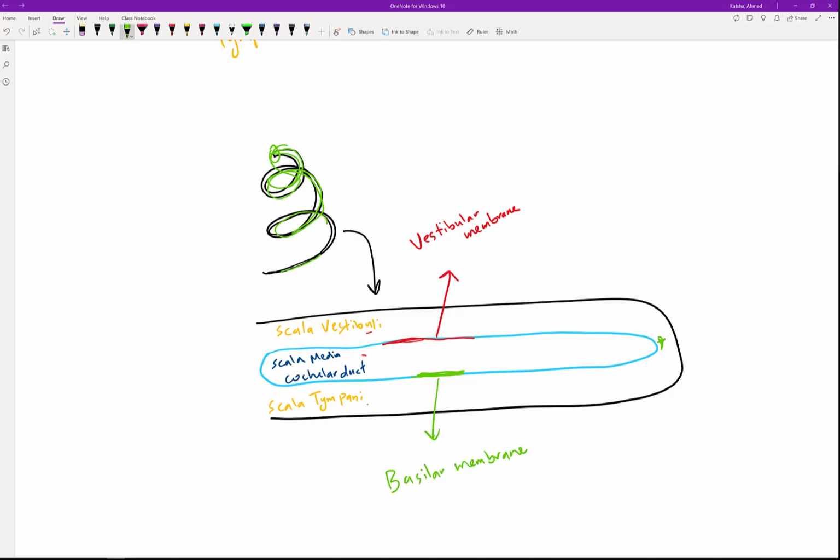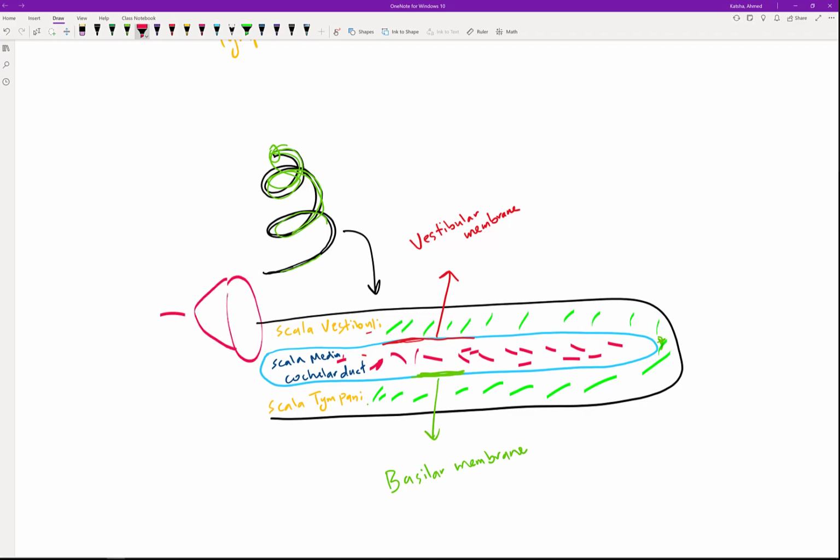Okay, and also just to make sure that you are aware of this, although we're not drawing, here is all filled with lymph, or the perilymph. And also here, although it's a different type of lymph, that's why I'm putting it in a different color, but still it's all filled with fluid. So the vibrations, when they are coming from the oval window against the stapes, are creating vibrations in those fluids.